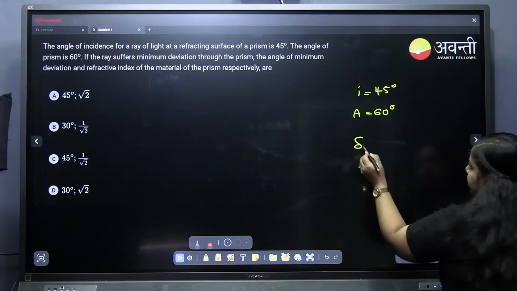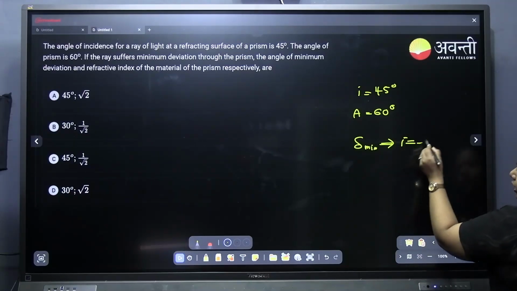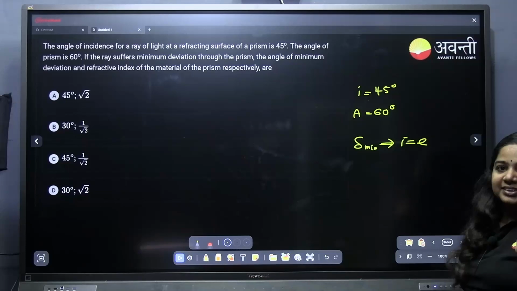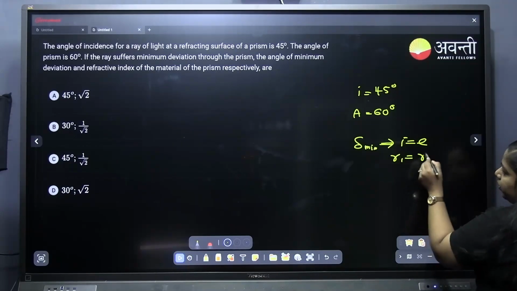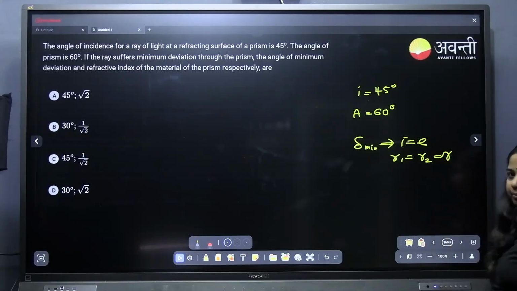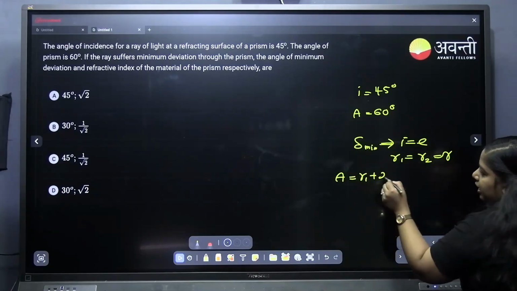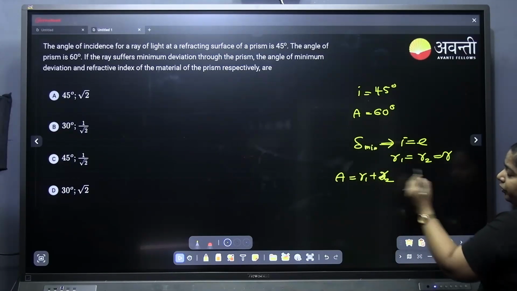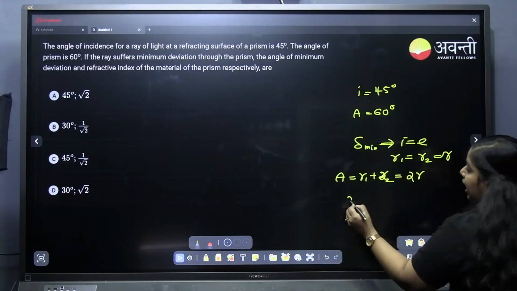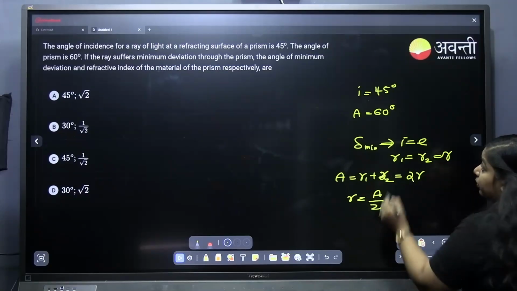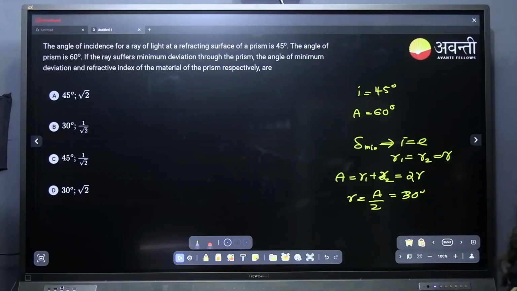The condition for minimum deviation, delta minimum, is that I equal to E. If I is equal to E, in that case we can say that R1 equal to R2 equal to R. And we have our formula A equal to R1 plus R2. If both are equal to each other, this is equal to 2R, which means R is equal to A by 2. A is given 60 degree, so R equal to 30 degree.